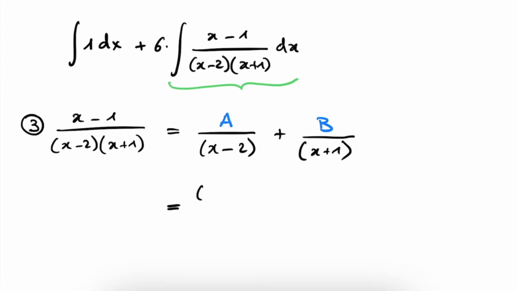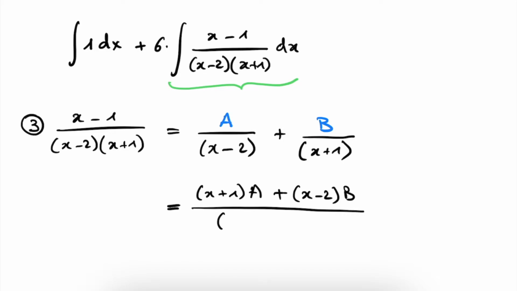So we get x plus 1 times a plus x minus 2 times b. And the denominator then becomes the product of these two denominators. And this step is simply writing the sum of two fractions as a single fraction.